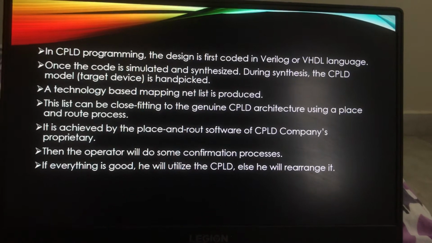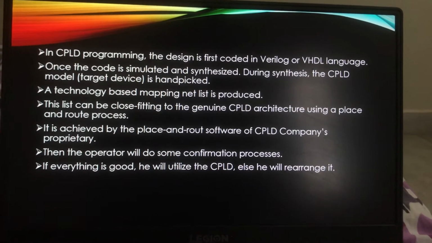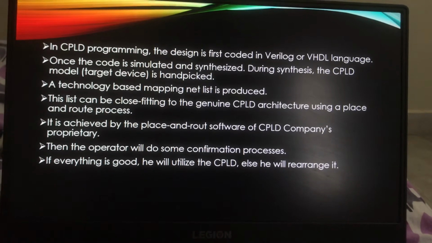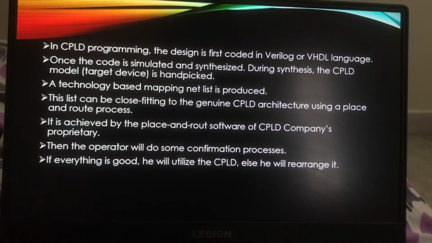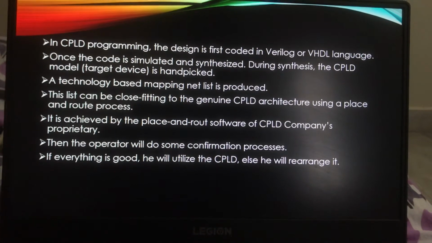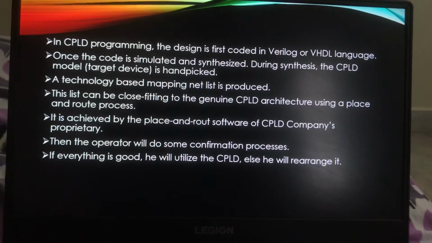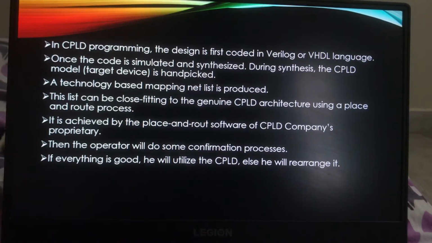This list can be fitted to the actual CPLD architecture using a place and route process. It is achieved by the place and route software of CPLD companies. Then the operator will do some verification processes. If everything is good, he will utilize the CPLD, else he will rearrange it.